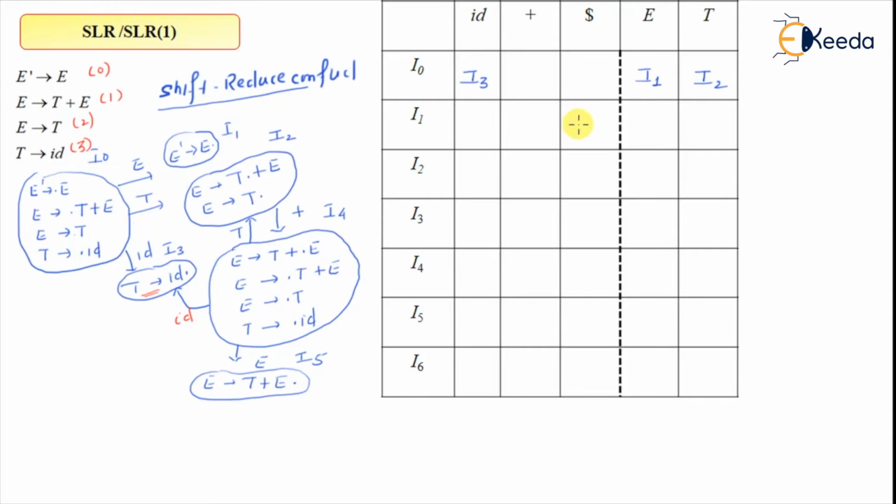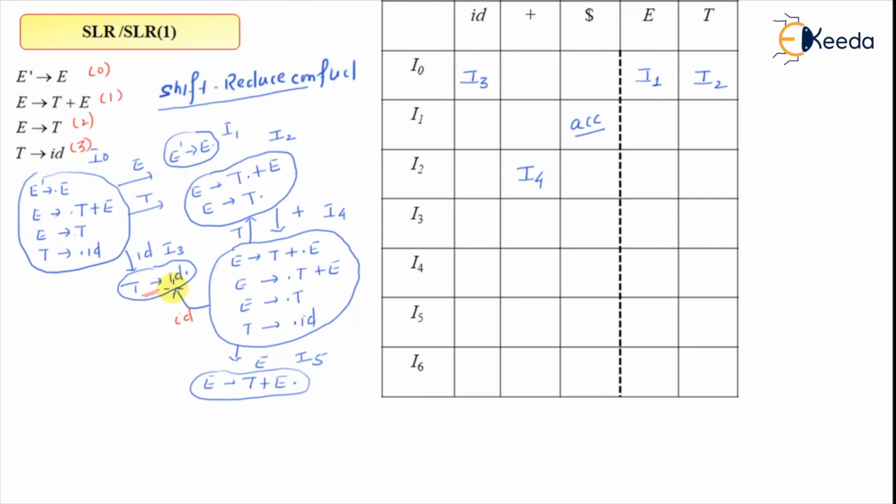I1 is a special state, and I1 on input dollar, we will say accept. I2 on input plus goes to the state I4.